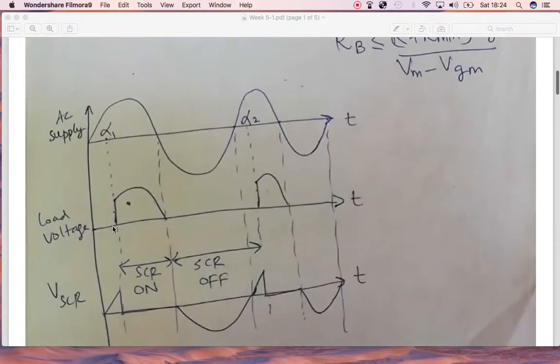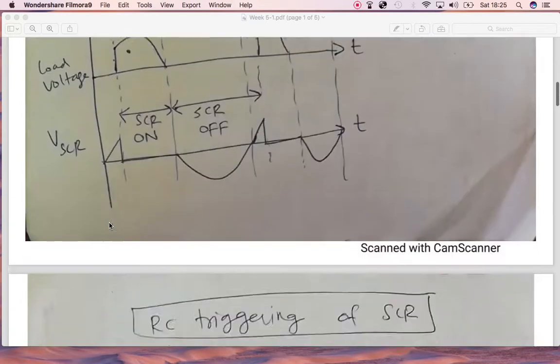And this is the firing angle, which varies in the R triggering circuit from 0 to 90 degrees maximum. If it comes over here, this is a greater firing angle. So with the help of resistance, we can change the magnitude of the firing angle. If the value of resistance is greater, the firing angle will be greater, and if its value is smaller, then the firing angle will be smaller.